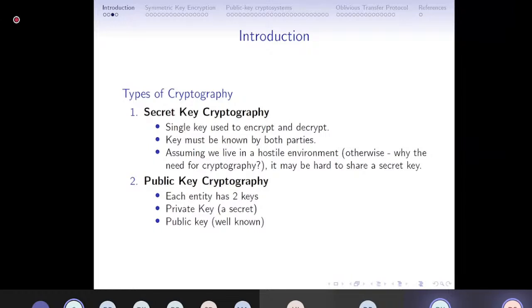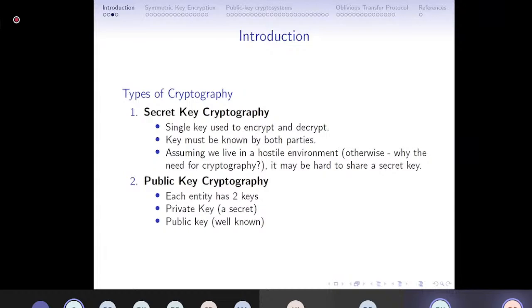In case of public key cryptography, we use two keys. First one is the private key and second one is the public key. In order to see how public key cryptography works, let us consider the example of our email system, or simply Gmail.